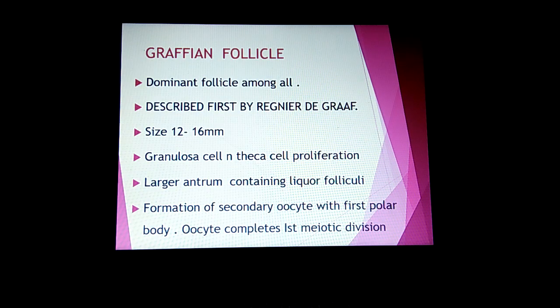The Graafian follicle is the dominant follicle among all. It was first described by Regnier de Graaf, hence the name Graafian follicle. The size is 12 to 16 millimeters. There is a huge number of granulosa cells as well as theca cells. It has a large antrum which contains the liquor folliculi, and the secondary oocyte is formed with the first polar body, and the oocyte completes the first meiotic division.